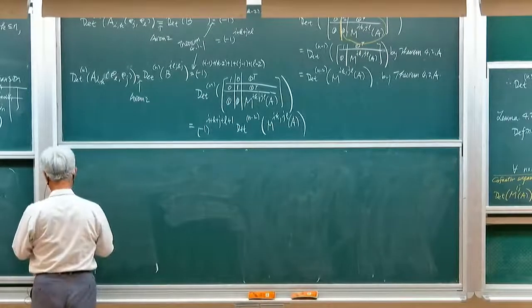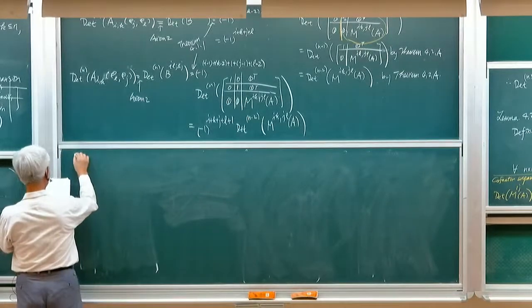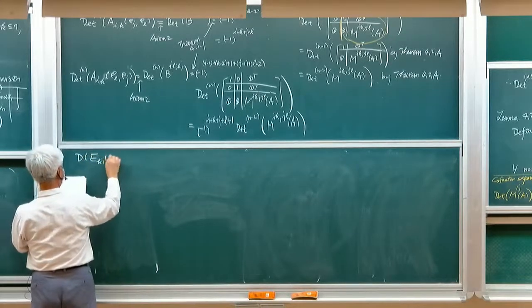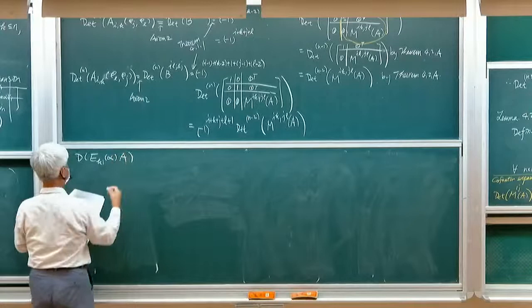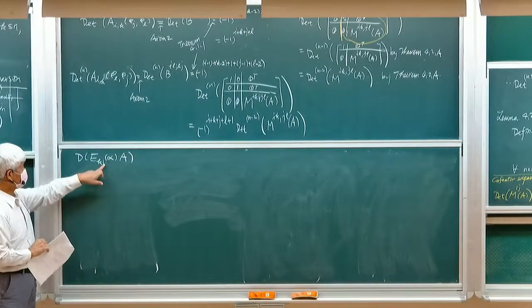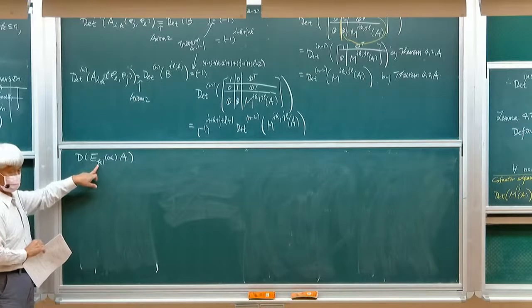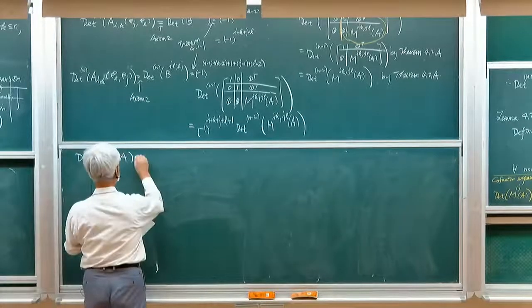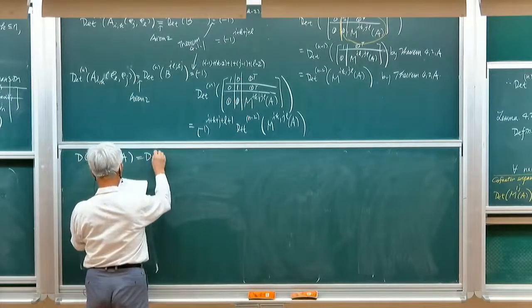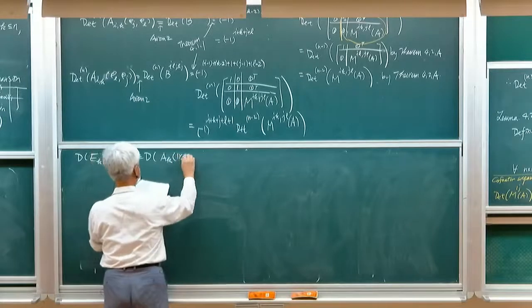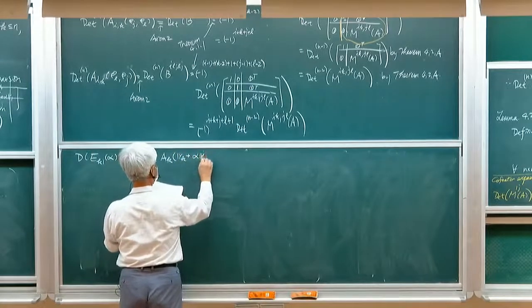Okay, now how about this: you add a multiple of row 1 to the K-th row. So this is D of A with row K replaced by RK plus alpha R1.